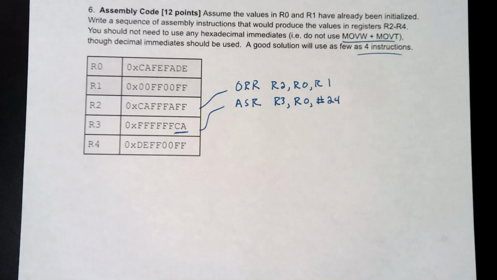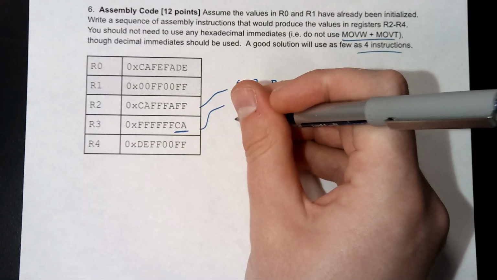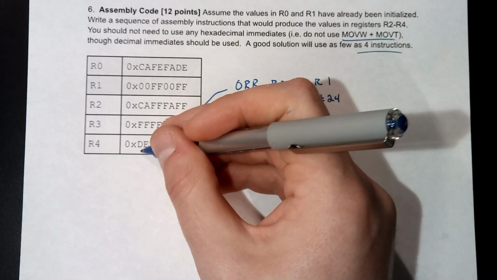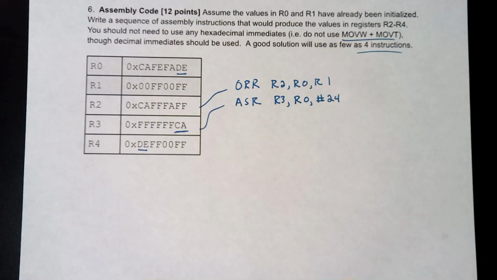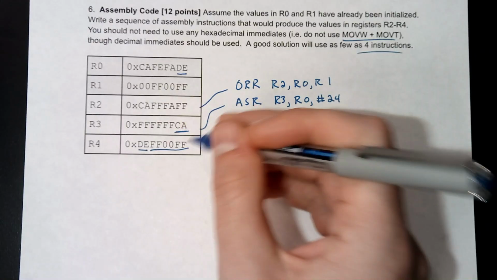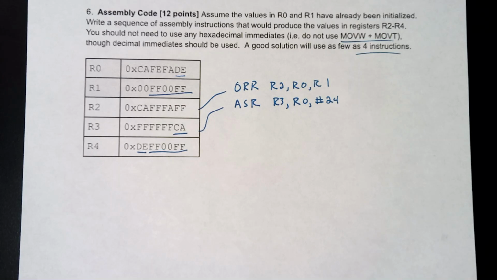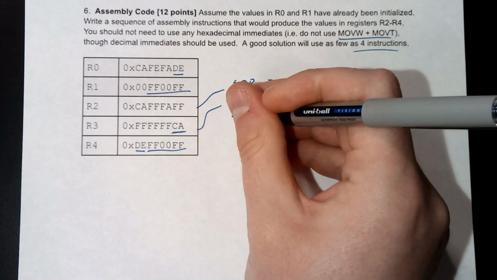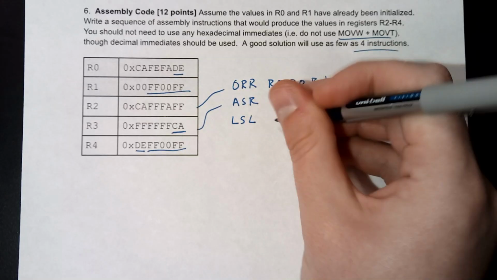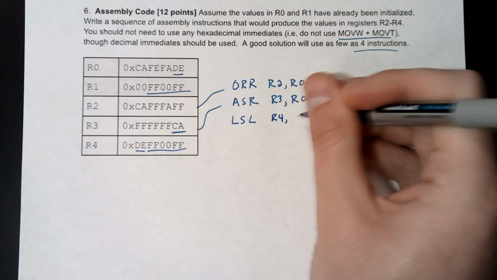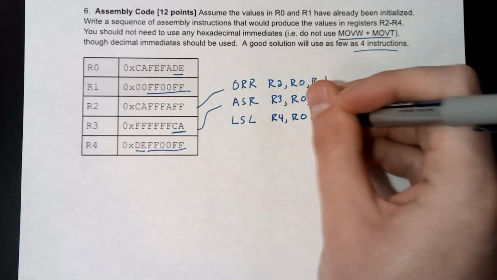The last part, there are a couple of different ways to do this. It really depends on how you're feeling. The easy way probably: we need to get the DE here, that's coming from there, and then we want F0, 0, FF coming from there. So we just need a way to get that DE in the right place and then combine it with the value from R1. My easy way to do it is LSL into R4 from R0 by 24.